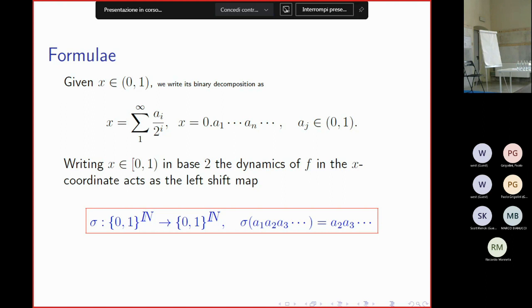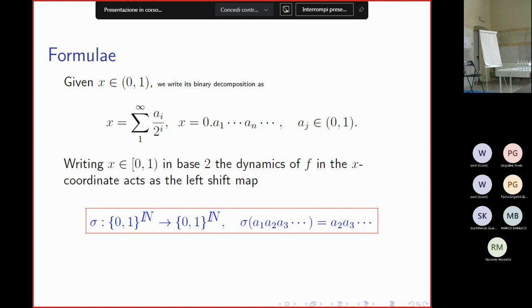We just used the formula: we wrote the points in base 2, and then calculated the pre-orbit, with many calculations to arrive at these equations or formulas.